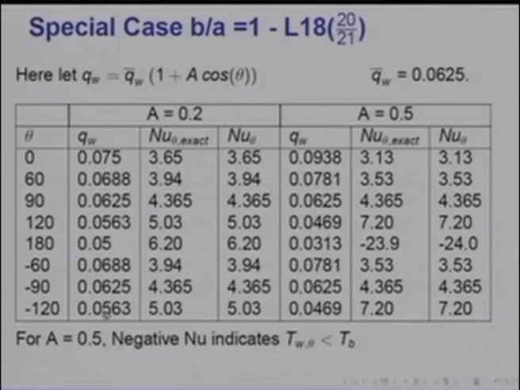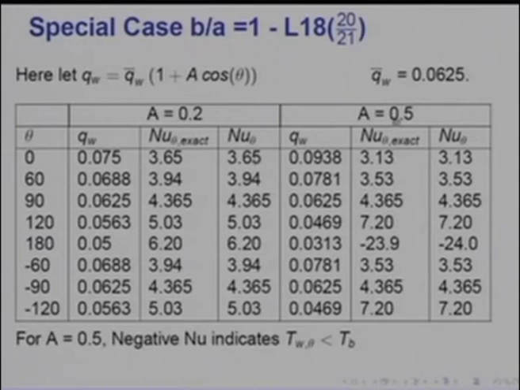Q wall bar has been specified here as 0.0625, and you can see how the heat flux varies, and how the Nusselt number varies, with exact values calculated from the formula that I had given, and the presently computed values show absolute agreement when A is 0.2.